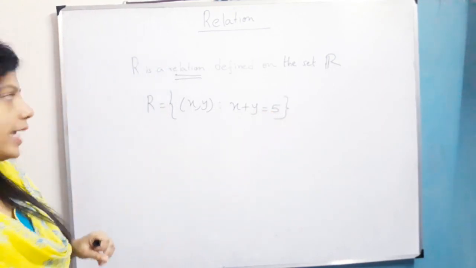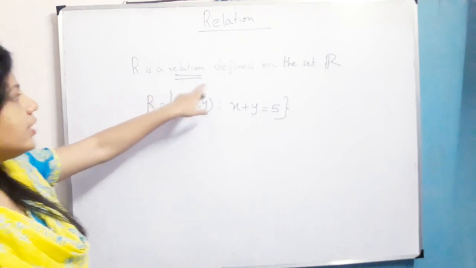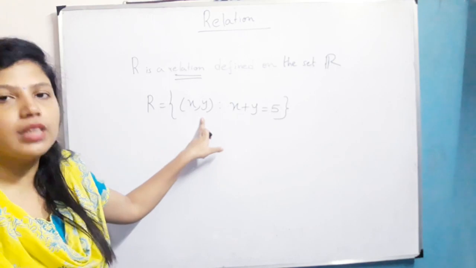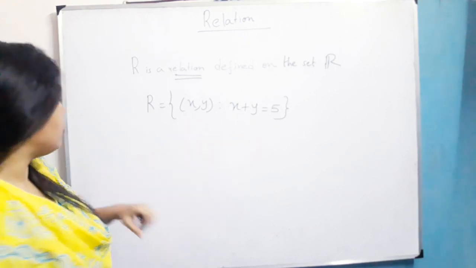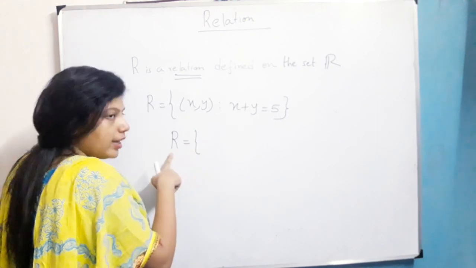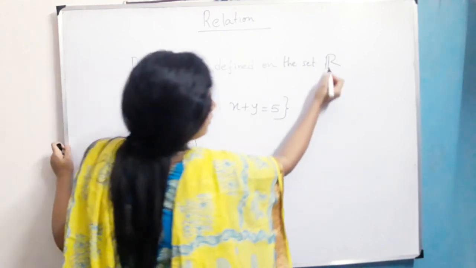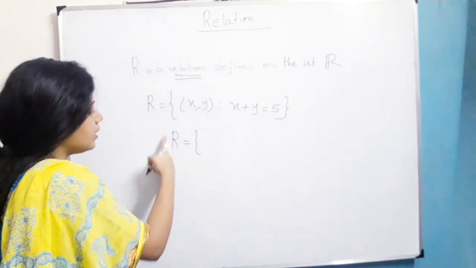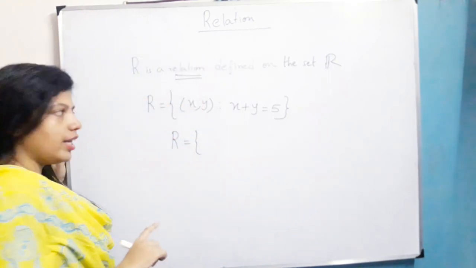Now since I have taken already that R is a relation defined on the set of real numbers, that means here x and y both are real numbers. Whenever I write this double line, it is real numbers, but when one single line is there, it means relation.